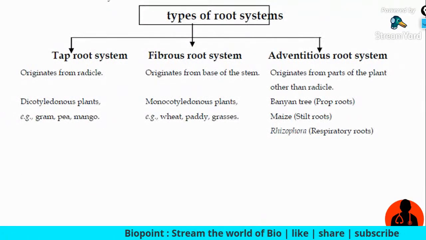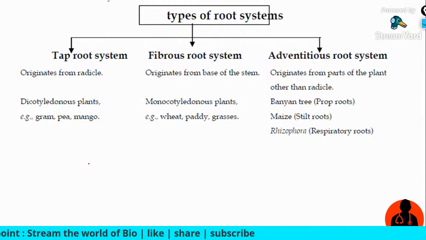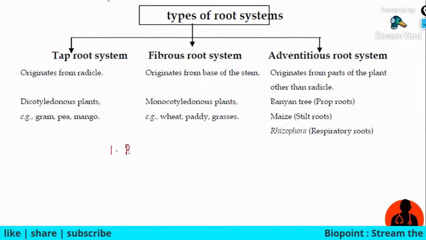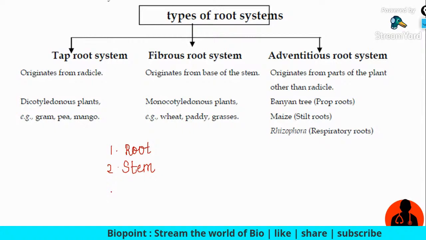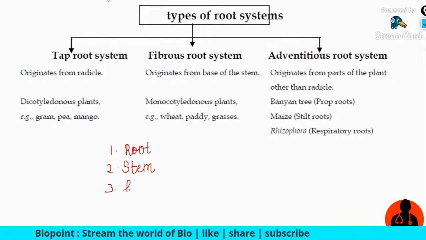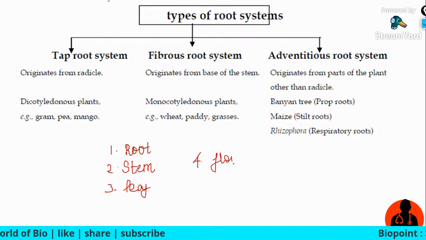Next, we are going to discuss the different types of root system. In this chapter, we are going to divide the entire chapter into some parts. In part number 1, we study the root. Second, the stem. Third, the leaf. Fourth, the flowers.